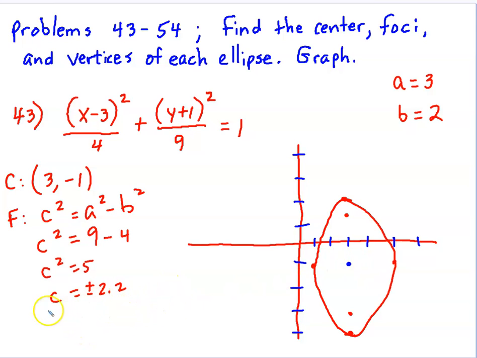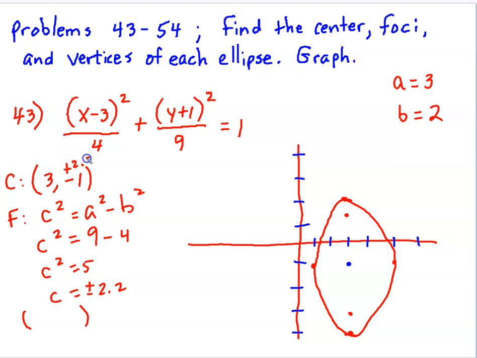So let's go ahead and do actual ordered pairs for the focal points. We know how far it is, so just think of it this way. If you went up and down to get to the focal points from the center, it's like you started at the center and you went up 2.2.